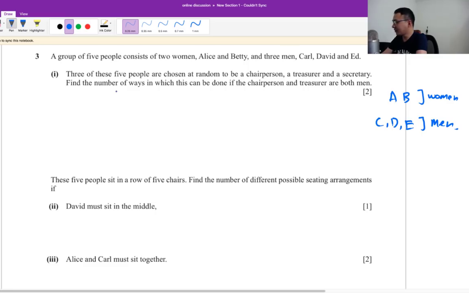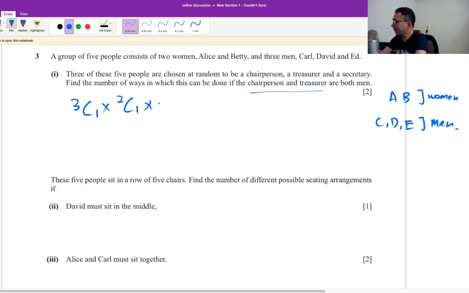So that means now you have 2 positions here that need to be men. From the 3 men here, C, D, E, I will choose 1 to be a chairperson. After I choose the chairperson, I have 2 more men, so from those 2 I will choose 1 to be a treasurer.